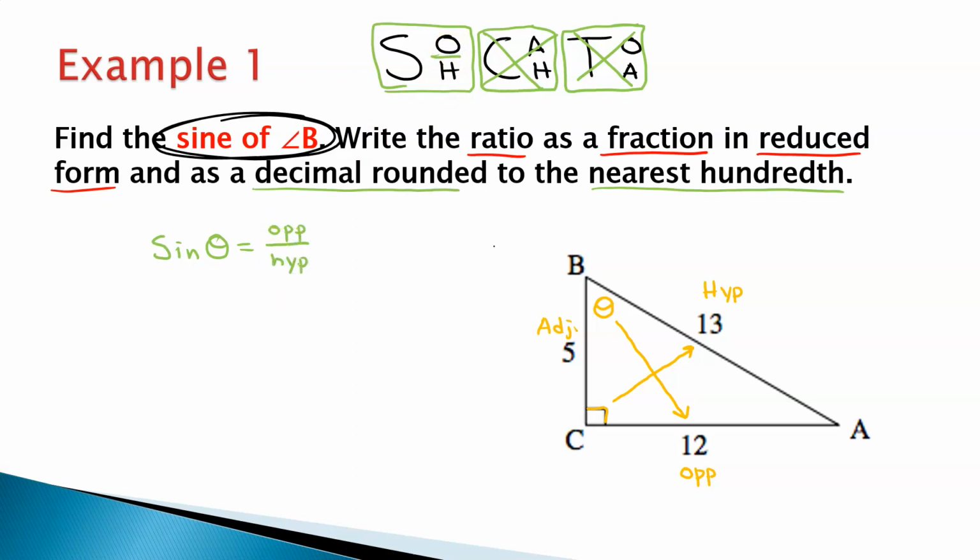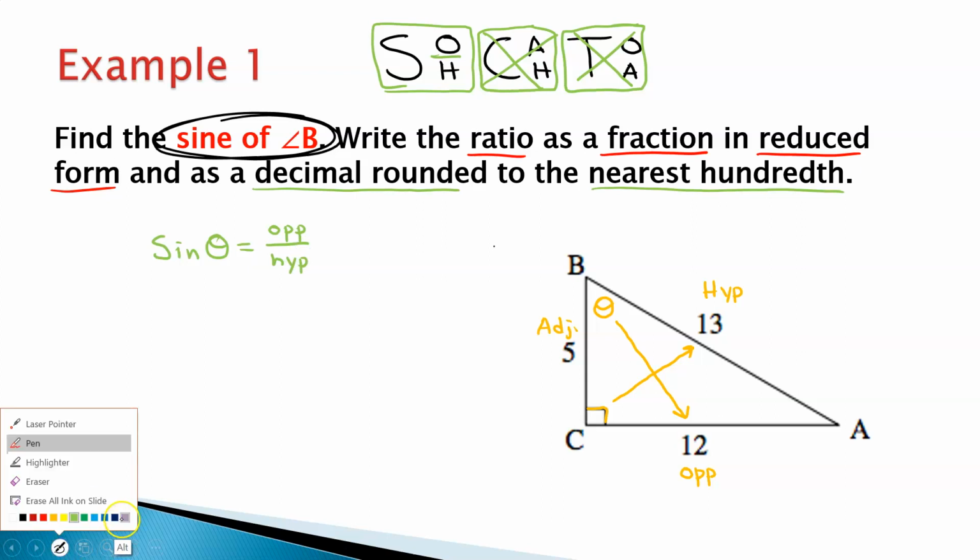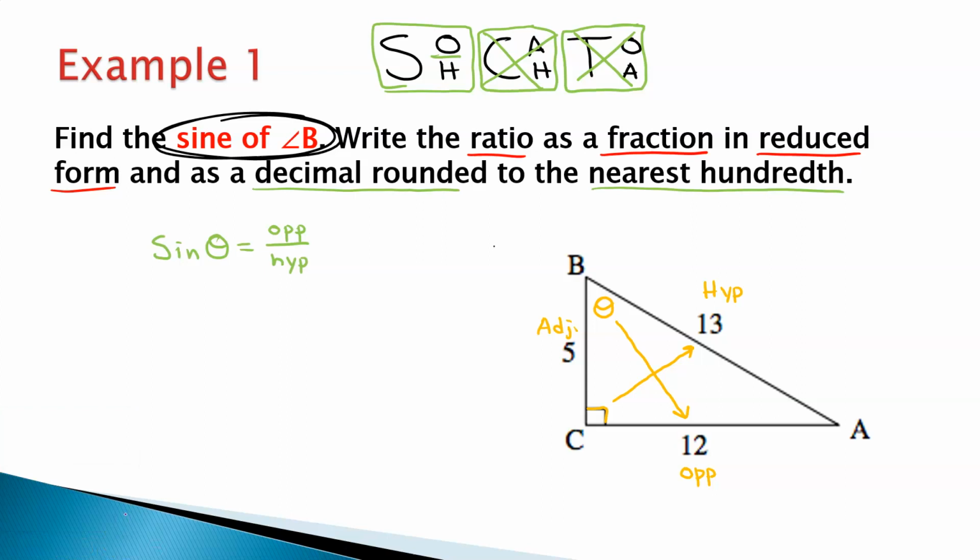And what we're going to do here is just plug in based off of your picture. Here we're going to rewrite this as sine of theta, but instead of theta, we actually know where we're standing. That angle has a letter, so we're going to say sine of angle B, because that's where my reference angle is.